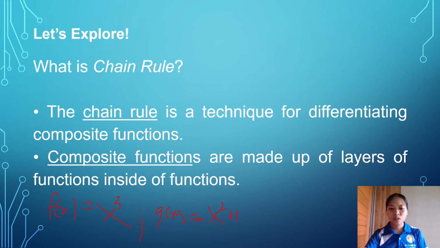So our composite function f of g of x is the quantity x squared plus 1, cubed. So our g of x, which is x squared plus 1, is the inner function, and the outer function is f of x, here, the exponent 3.